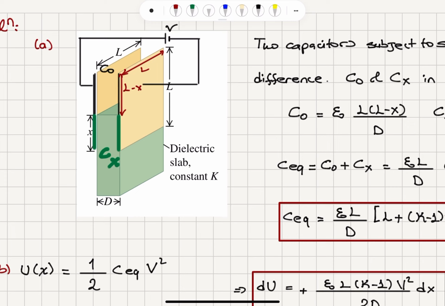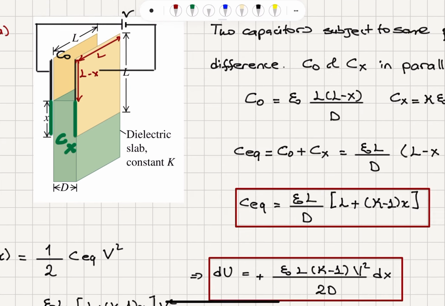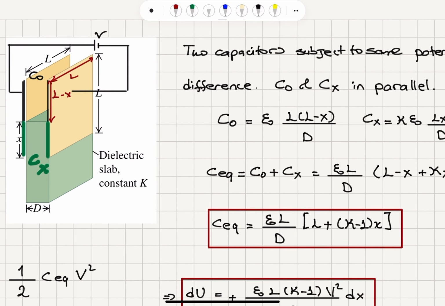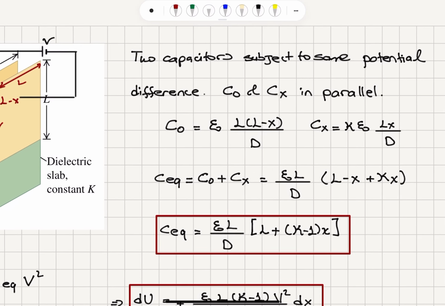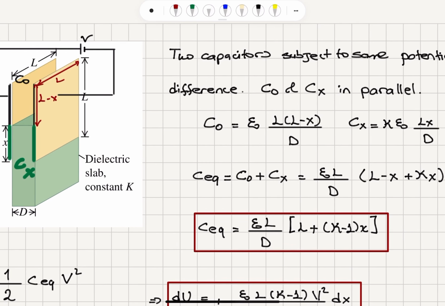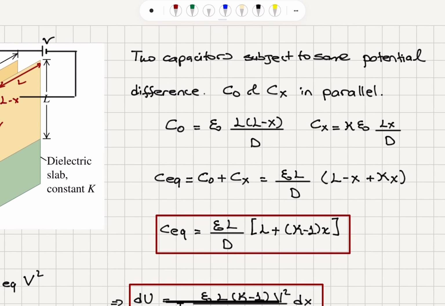Now I form two capacitors, an air capacitor with dimensions L minus x, L and D, and a capacitor which has a dielectric slab inside with dimensions x, L and D. The corresponding capacitances are C0 is epsilon 0 A over D, area is L times L minus x, and Cx is kappa epsilon 0 because I have a dielectric constant kappa other than 1. Area is L times x divided by D.